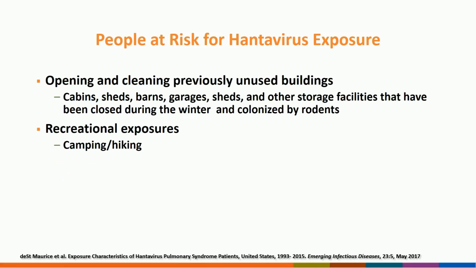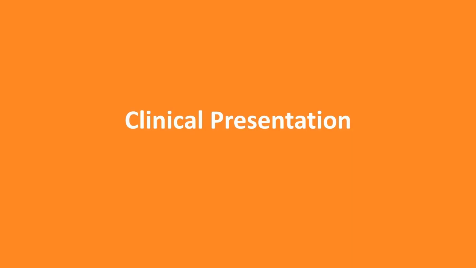Another risk factor is opening and cleaning previously unused buildings, such as cabins, sheds, barns, or other storage facilities where rodents can live and nest. People can also get exposed to hantavirus through recreational activities, such as camping and hiking, though the risk of exposure is much lower. I will now discuss the clinical presentation of hantavirus.